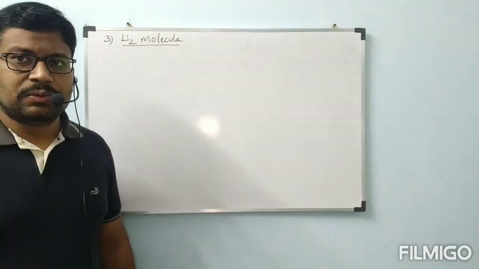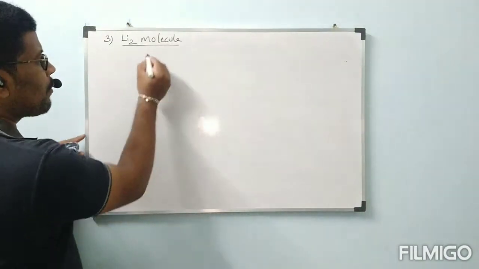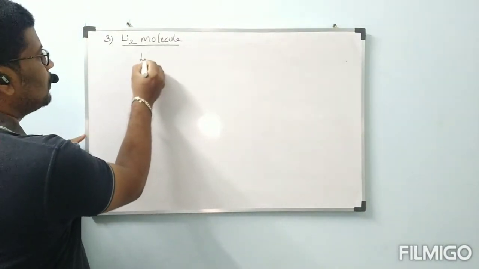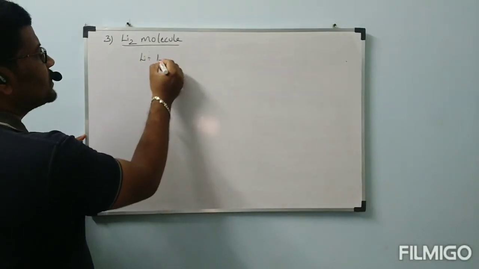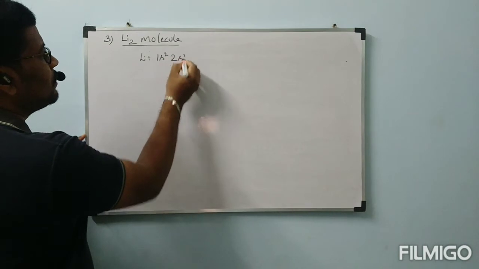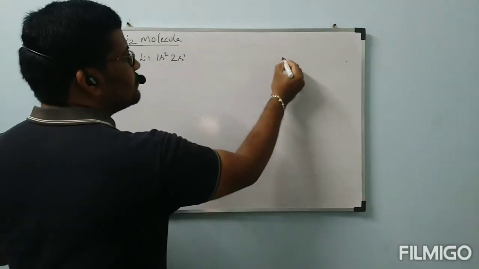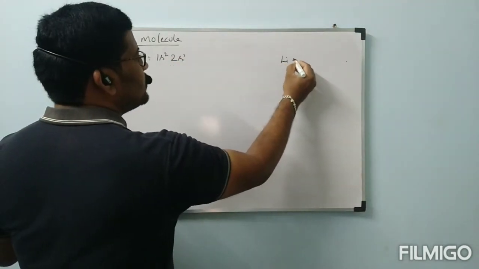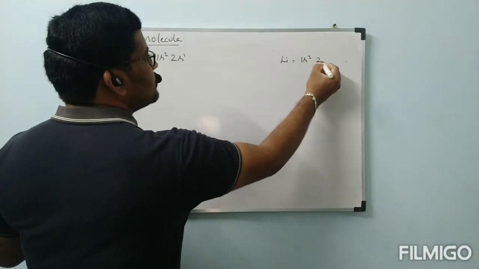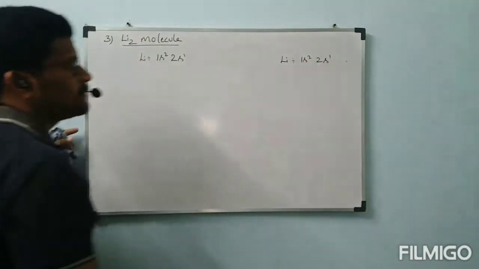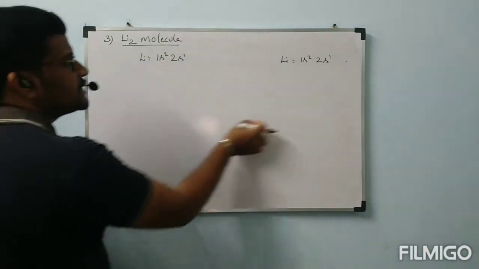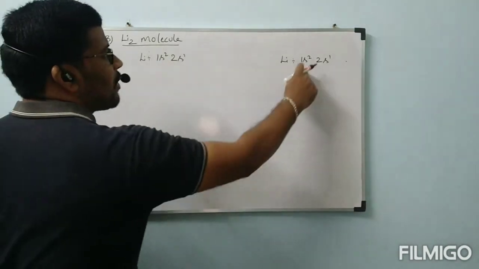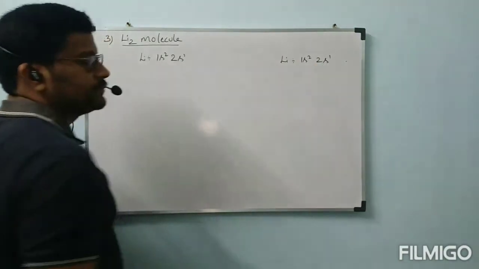Li2 contains 2 lithium atoms. Lithium electronic configuration is 1s2, 2s1. We have to write 1s and 1s first, then 2s and 2s.